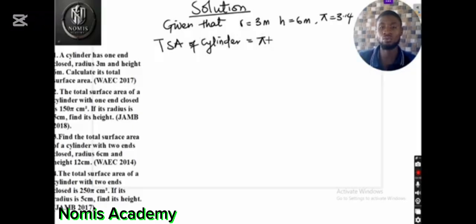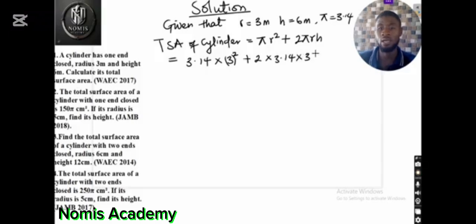So let us begin to put in the values of our parameters. This is equal to 3.14 multiplied by the radius 3 squared, plus 2 multiplied by 3.14 multiplied by the radius 3 and the height 6.